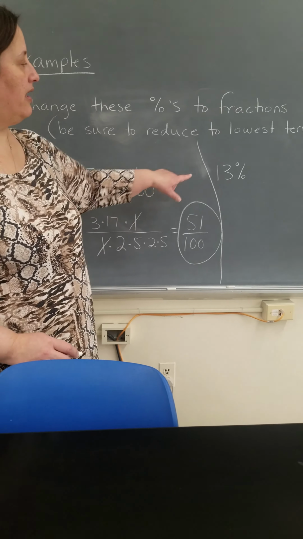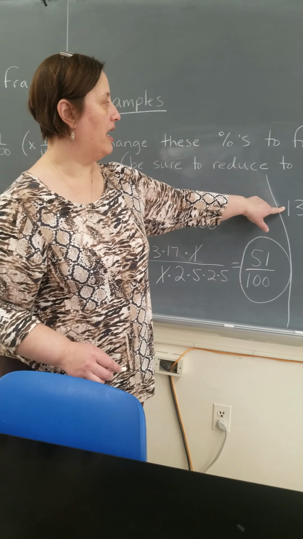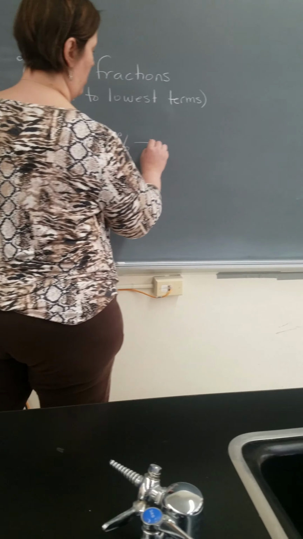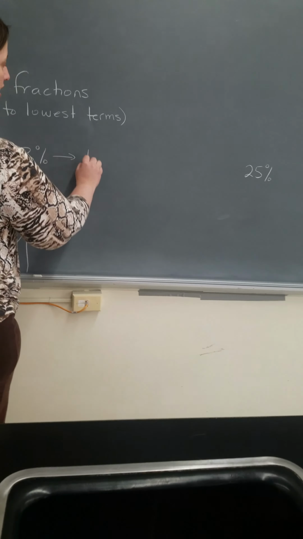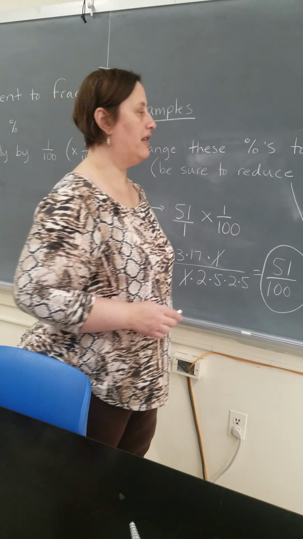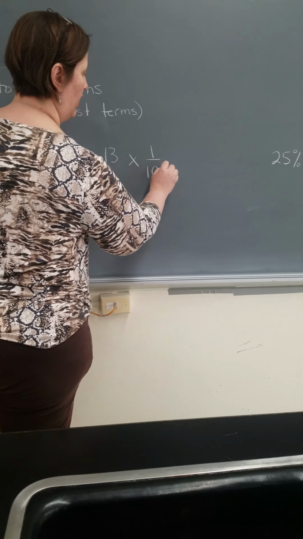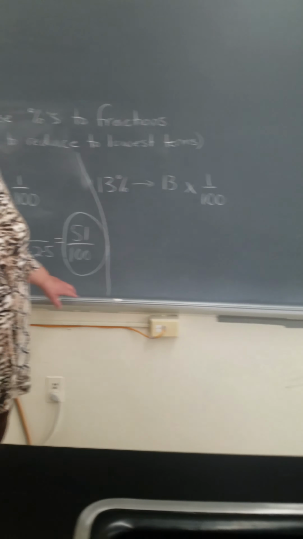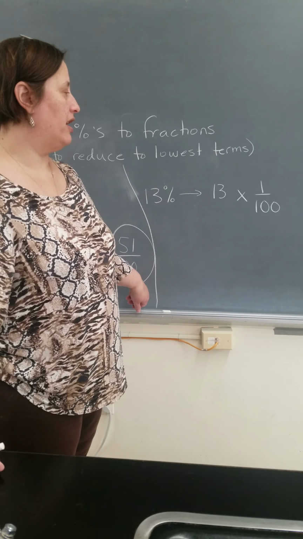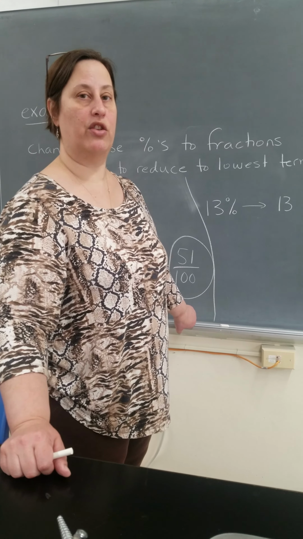Our second example, we're going to be converting 13% again to a fraction. So step 1, remove the percent sign. Now we just have 13. Step 2, multiply by 1/100. Okay. Again, here we have a whole number. We're multiplying it by a fraction. Anytime you have a whole number and you're multiplying by a fraction, this goes back to quiz 4.